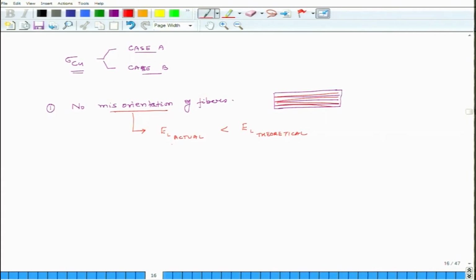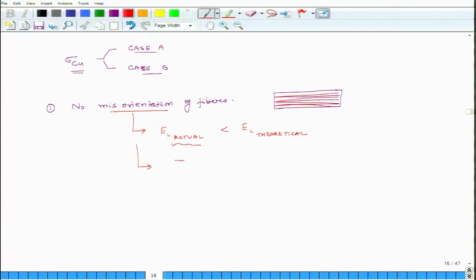And once this EL is going to be less, it will affect all other calculations also in context of the strength of the composite. Also, if the fibers are misoriented, we will not only have a pure tensile stress in the system, but there will be also some shear stress in the system.